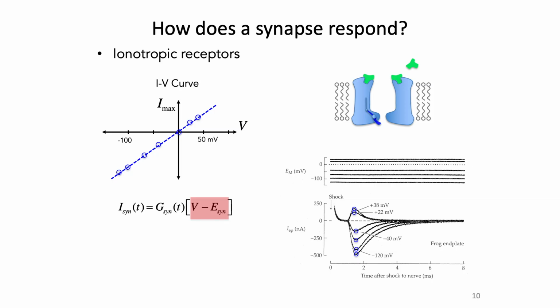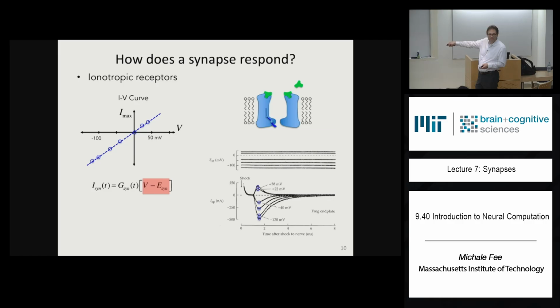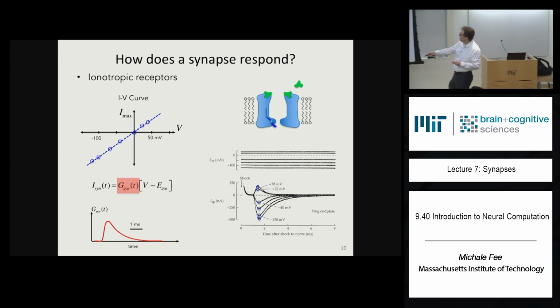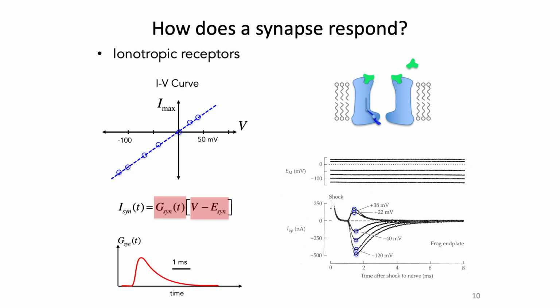What would the conductance be here? Remember, the voltage is being held at some value. The current is 0, so the conductance must be 0. And how about here? It should be some big conductance. And then what about here? 0. So what is that? Excellent. It just looks like that. The conductance just turns on and then turns off.